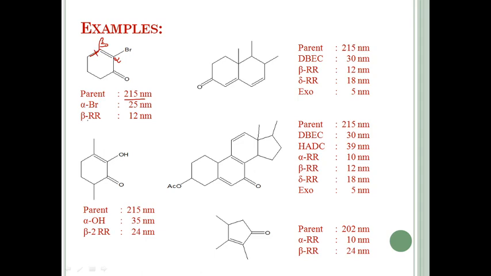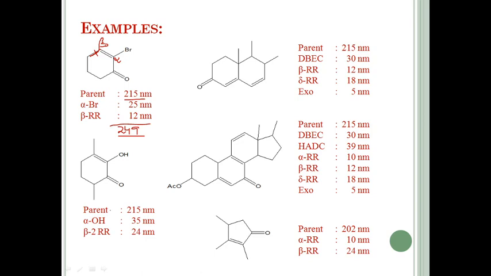So at beta portion ring residue is present, you have to give 12 nanometer. Total all the values you will get 249 nanometer. So this is the calculated lambda max for the given compound.